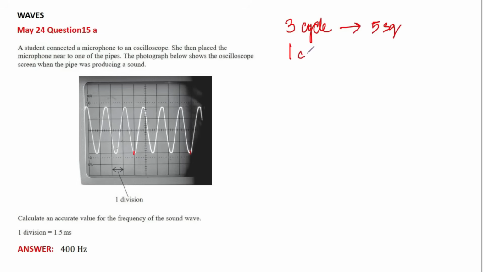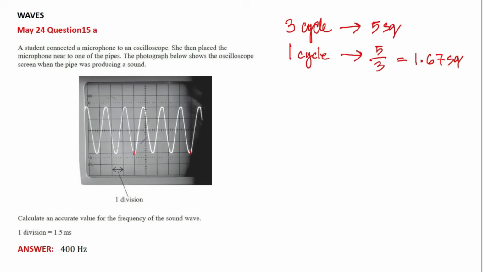So one cycle should correspond to 5 by 3, and 5 by 3 is 1.67 squares, right?